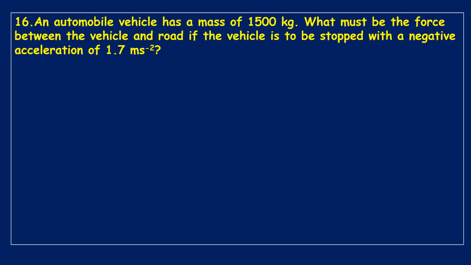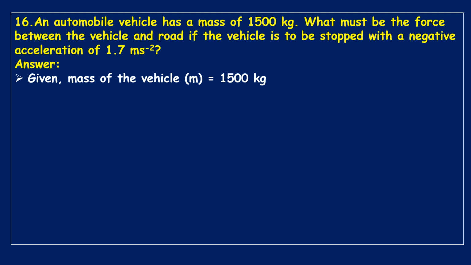See, mass is given. We have to achieve the deceleration, that is 1.7 meter per second square in the opposite direction. To achieve this deceleration or retardation or negative acceleration, what is the force that we should apply on the vehicle? This is the question. Now you see here, the given data: mass of the vehicle m is 1500 kg, and acceleration a is negative 1.7 meter per second square.